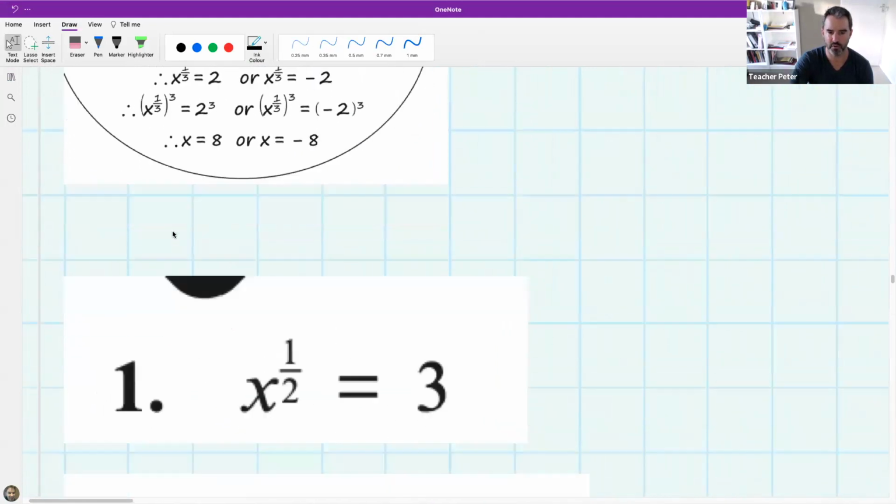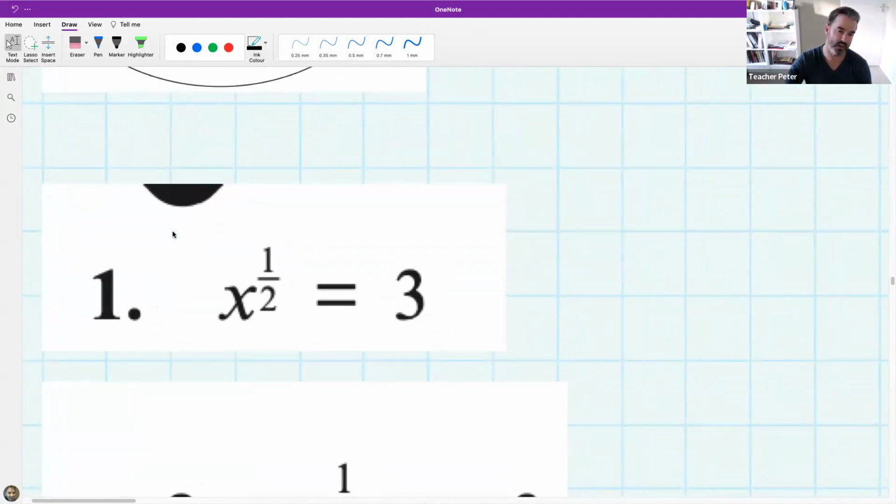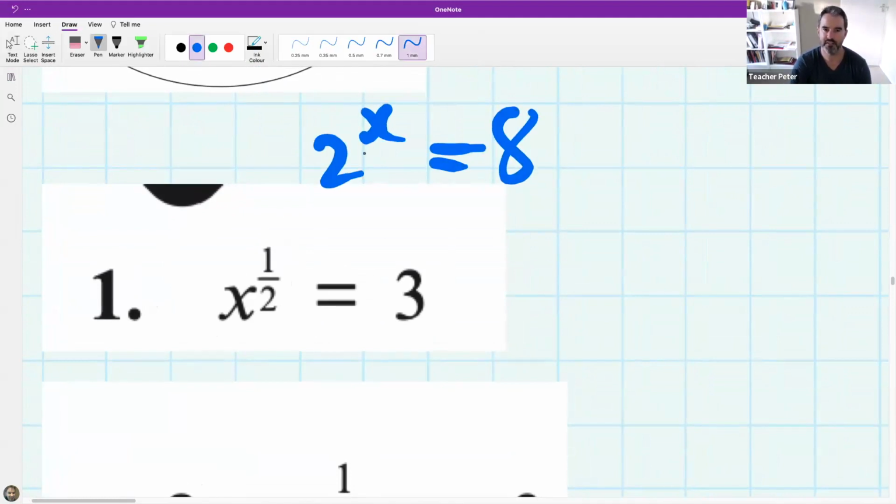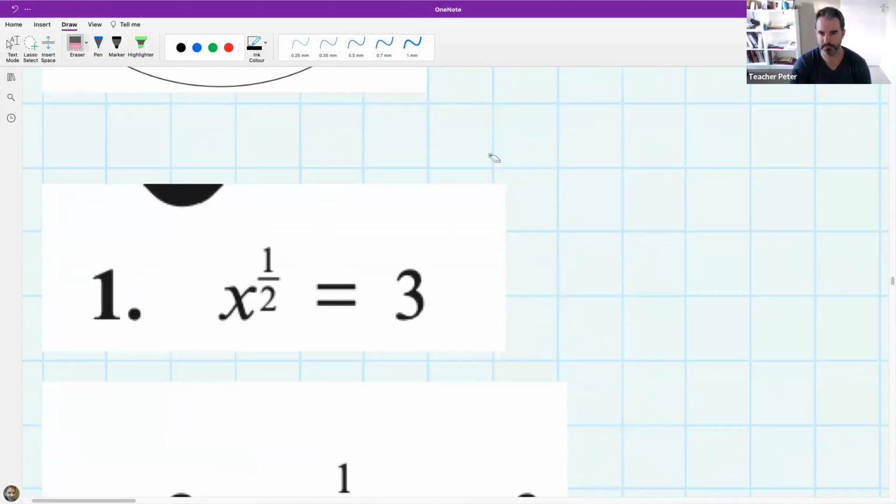What is different with a rational exponent equation is that the exponent is no longer up here. The variable is down here on the ground. The power is the exponent. But what I really want to do is get the x by itself to be x to the 1.